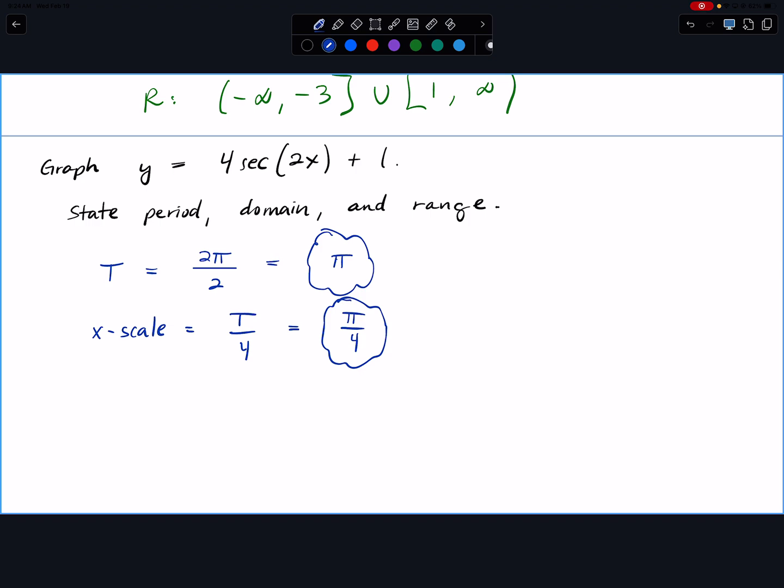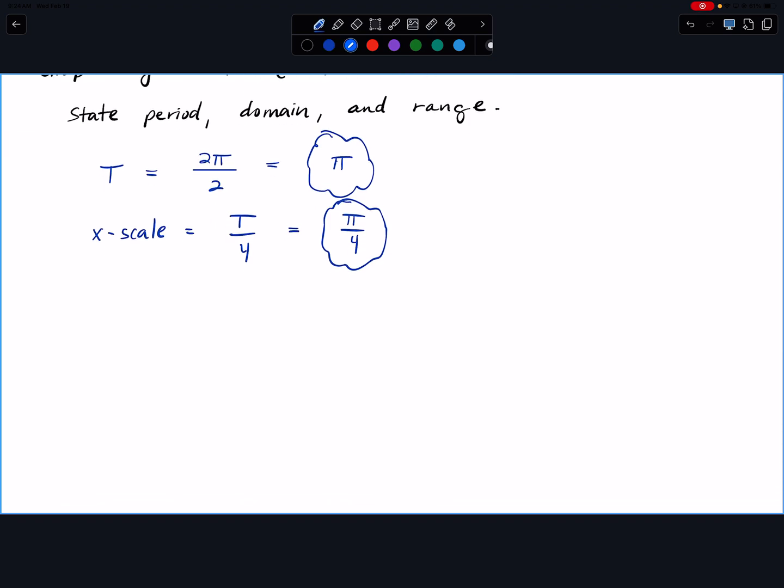Cool? Now, secant. Look at the secant graph we did. Where would be a great place to start the secant table? Negative pi over 2. Because think about it, this has cosine on the bottom, and didn't we do the tangent table too? We start at negative pi over 2.